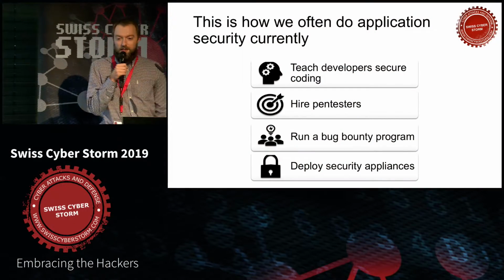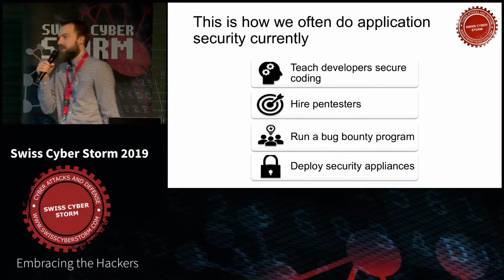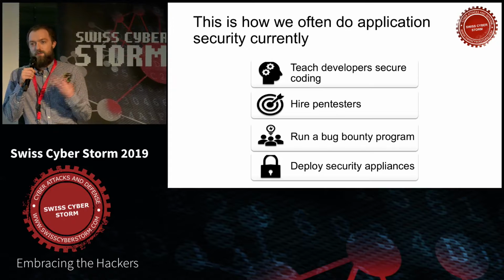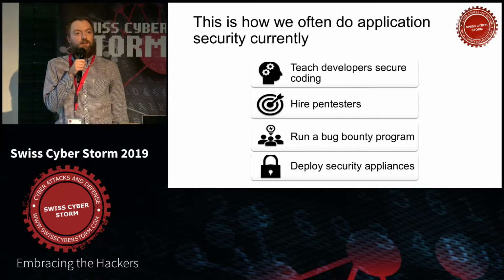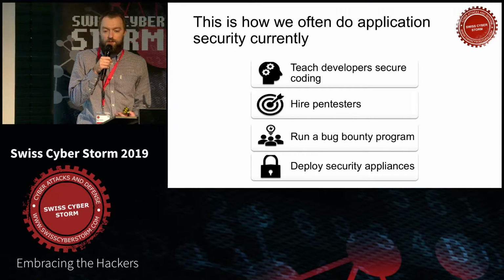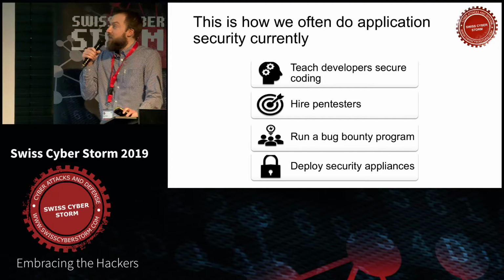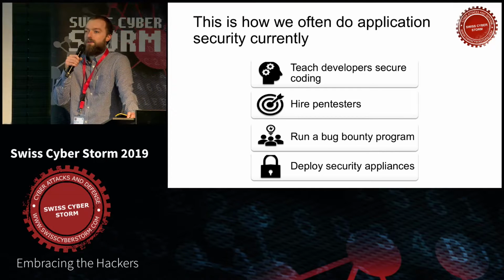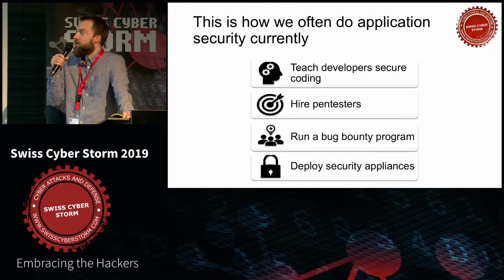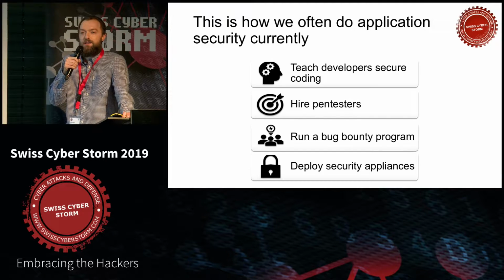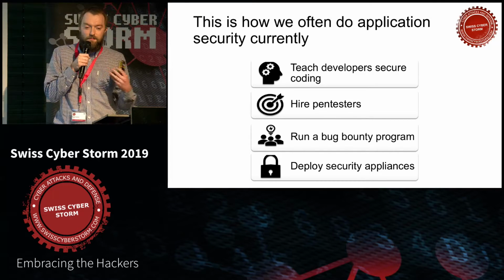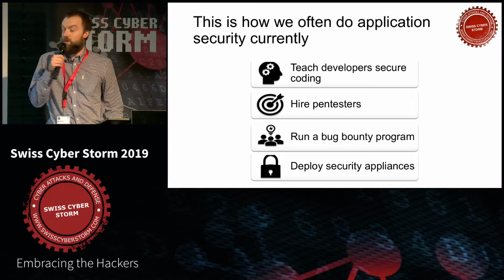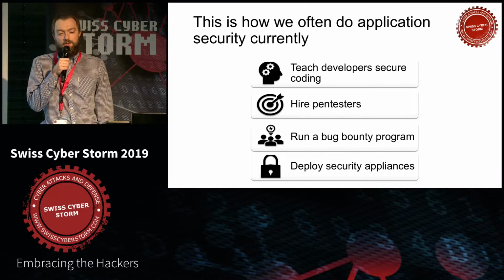So to give you a little bit of context on how we currently do application security, these are the staples a lot of companies do when they try to introduce security in their application development or deployment process. We try to teach our developers not to make secure coding mistakes that introduce security vulnerabilities.